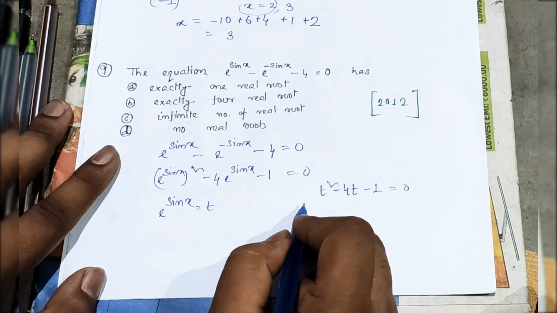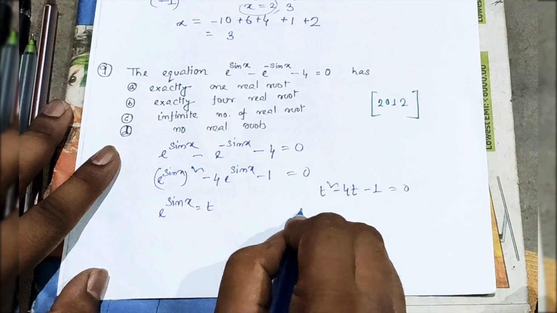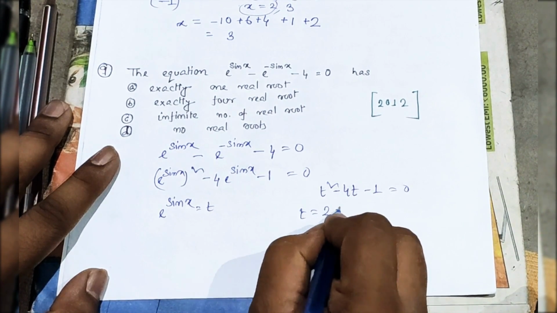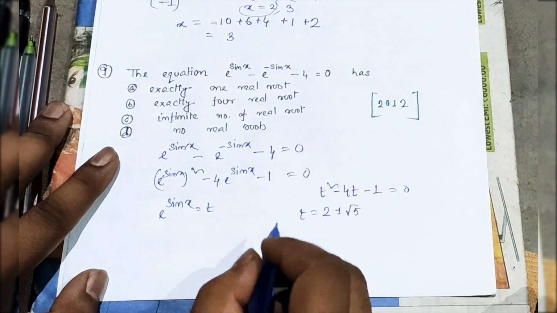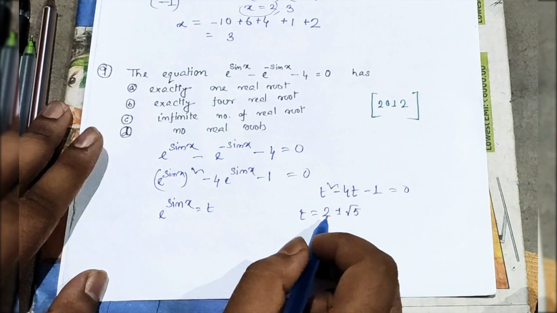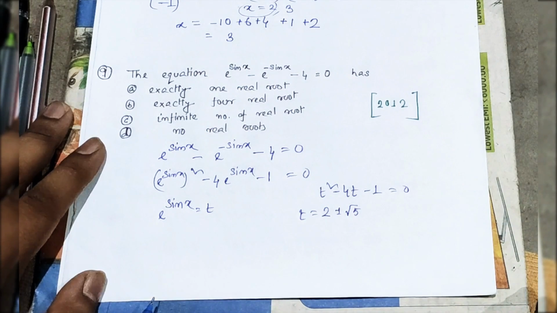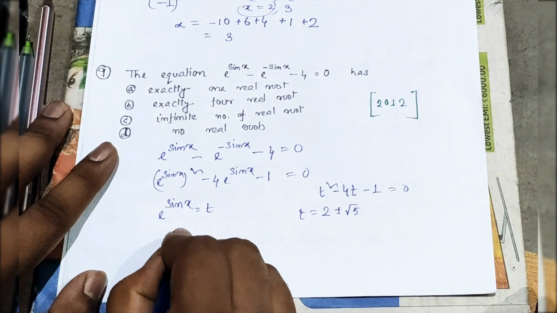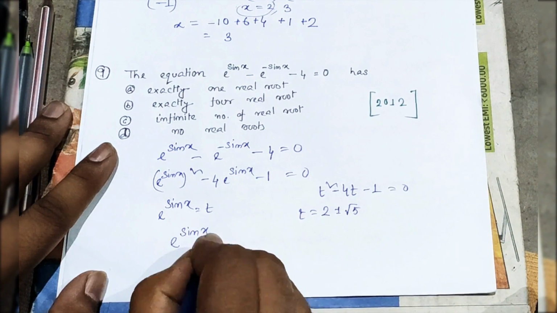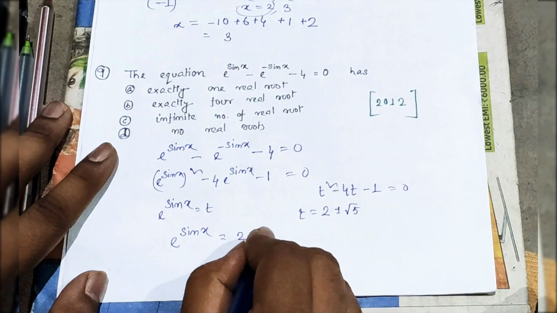From this equation by Sridharacharya's method, I can get t equals to 2 plus minus root 5. Here 2 minus root 5 is rejected as e raised to the power something is a positive quantity. So I will get e raised to the power sin x to be equals to 2 plus root 5.